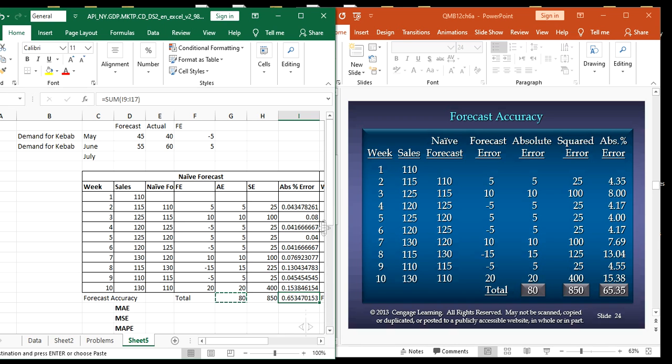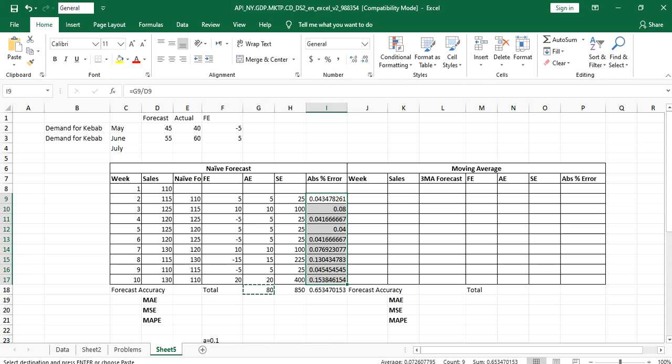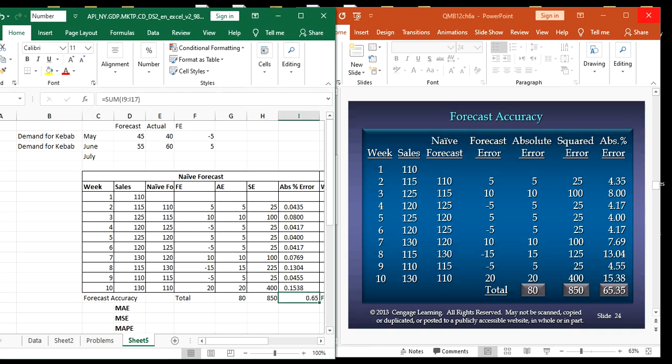So here we go. And this one is almost 65%.